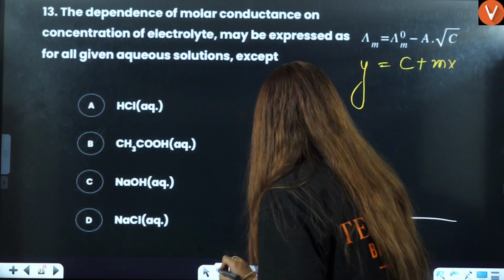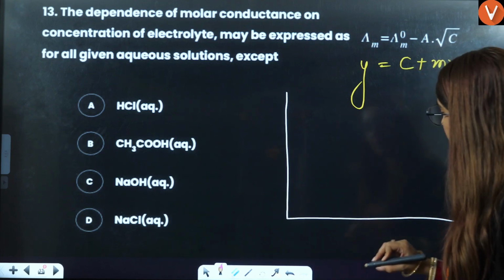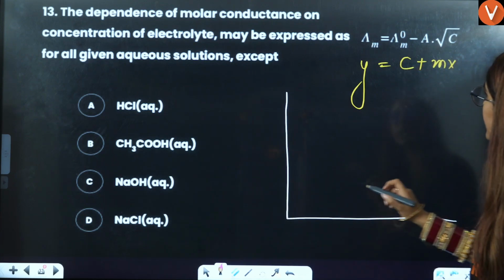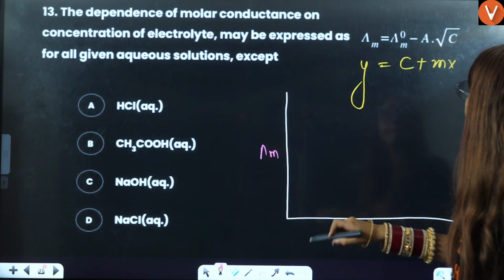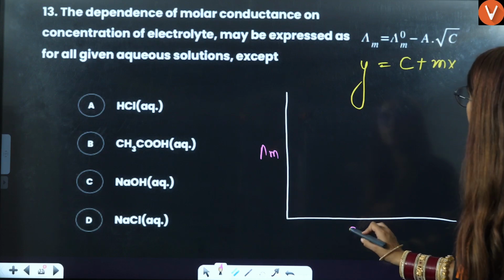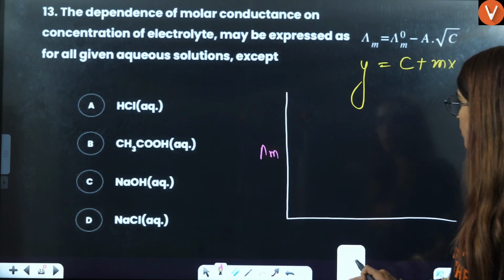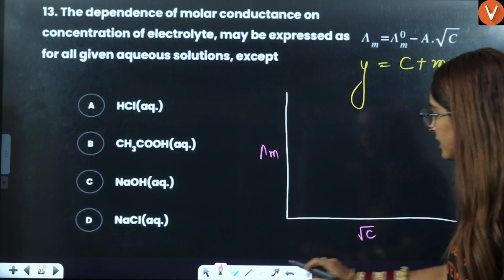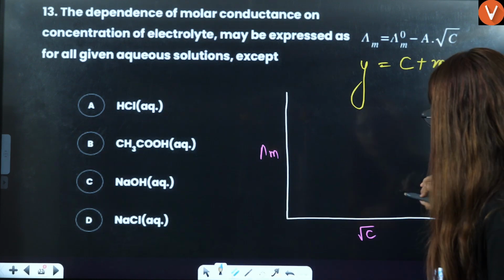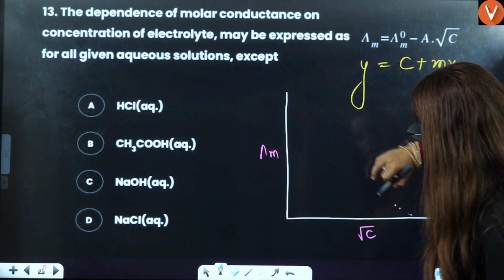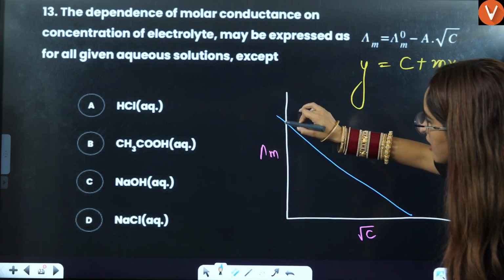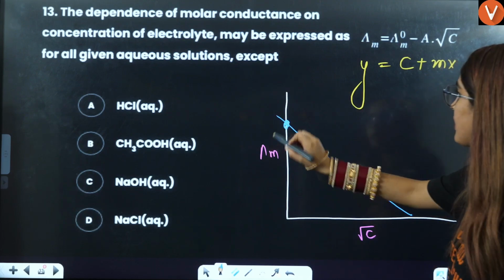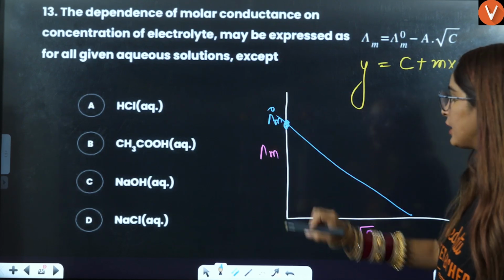If you see this here, you have two kinds of graphs that you can have. This can be your square root of concentration, root C. So what you will see is that the graph for a strong electrolyte is a straight line, which will cut and give you the intercept as infinite dilution.